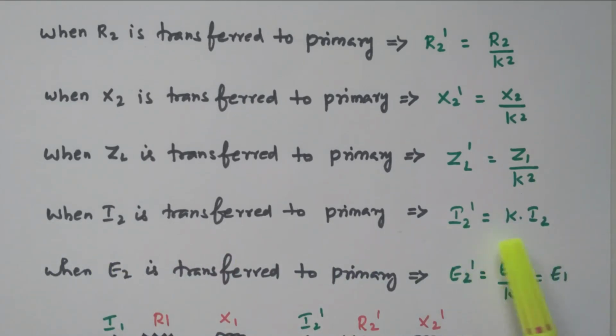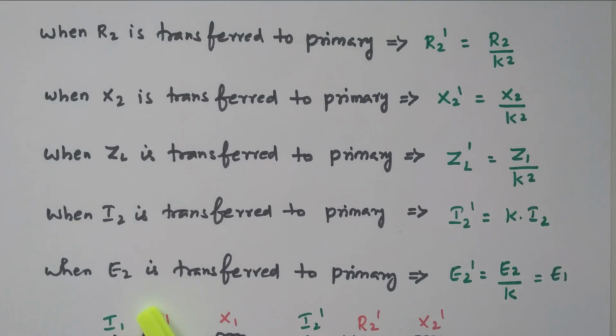Only for current it is multiplied by K. We know that the transformation ratio K equals N2 by N1, V2 by V1, but current is I1 by I2. It is reverse. So all these terms are divided by K square, but current is only multiplied by K. It is opposite based on the transformation ratio.